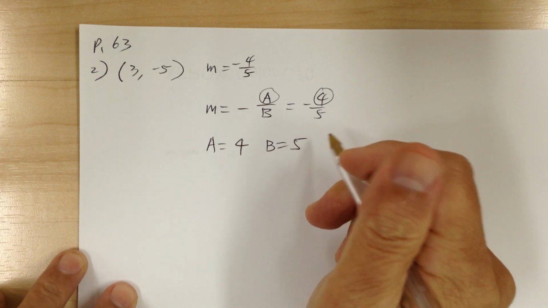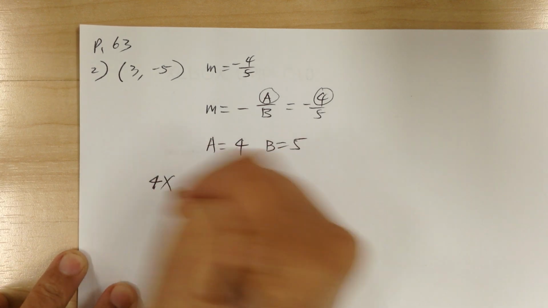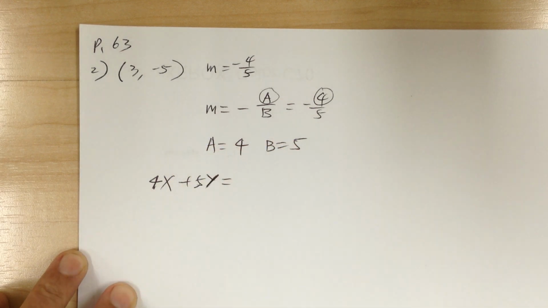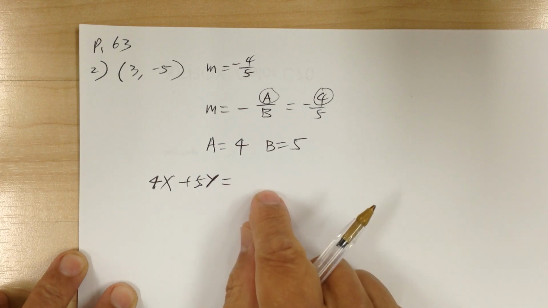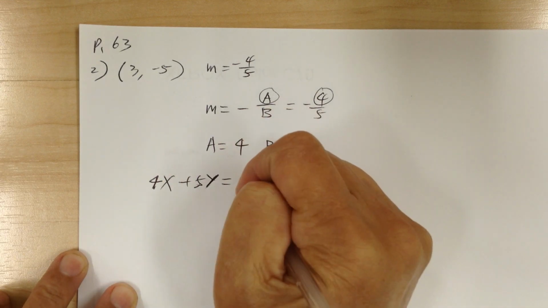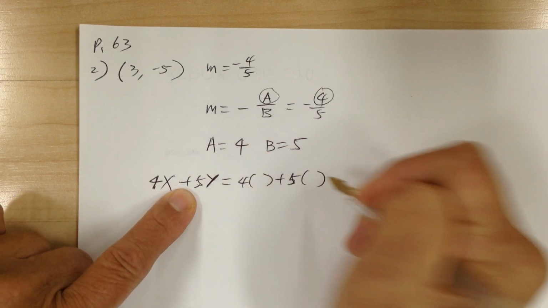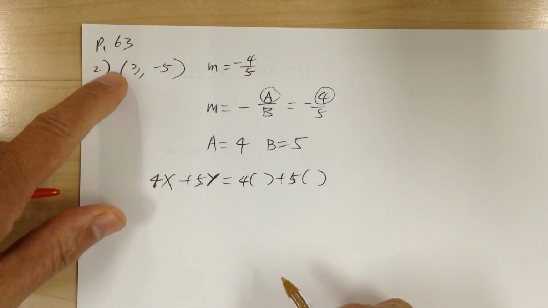Once you get your a and b, you can write down your equation. So you're going to get 4x plus 5y, that's your left hand side. Now to figure out this side, you use the same format: 4 parentheses plus 5 parentheses, and whatever point you want the line to go through, you put in here.